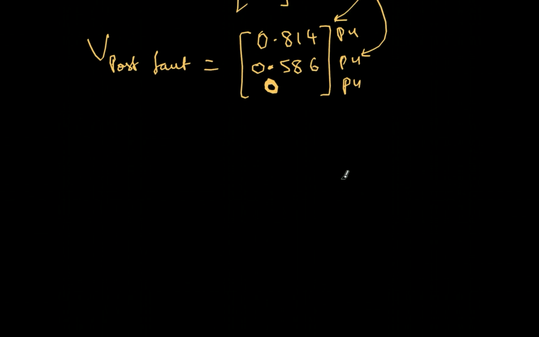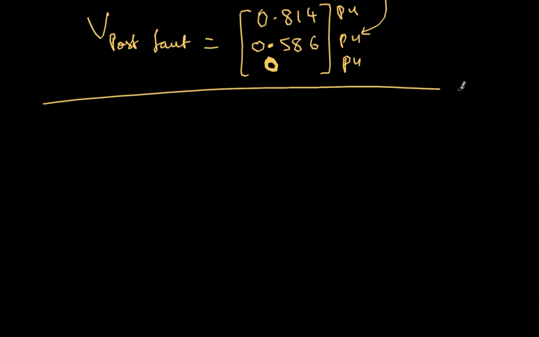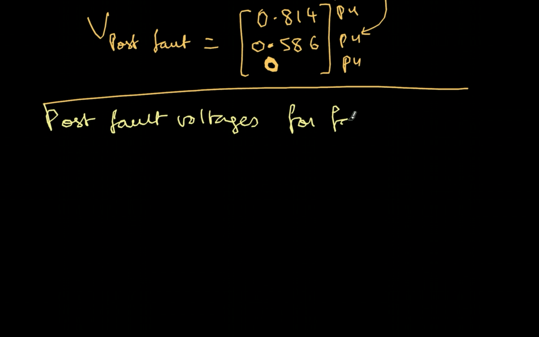Now let's quickly take up post-fault voltages for fault at bus 2. So delta V is Z bus into delta I, right?